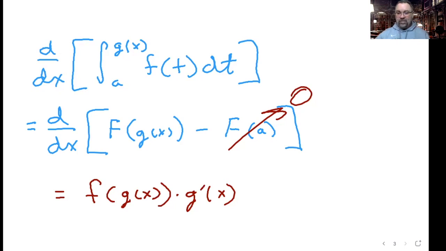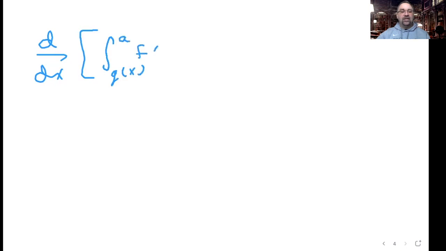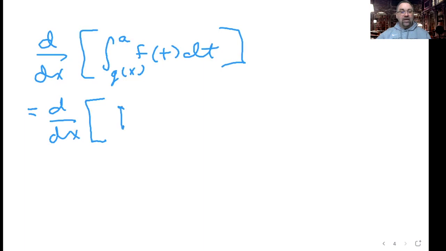So if we're deriving the integral from g of x to a of f of t dt, well, if you go my way, which is through the first fundamental theorem, you're going to see that that is the derivative with respect to x of capital F of a minus capital F of g of x.